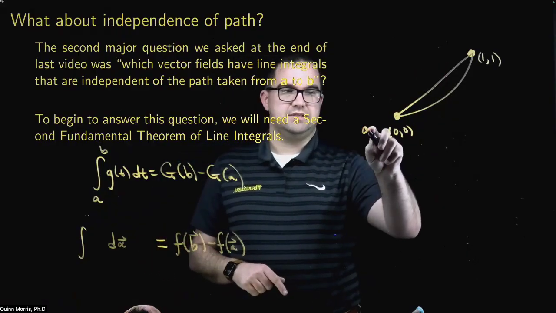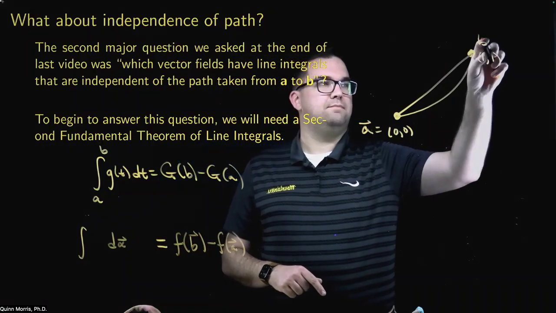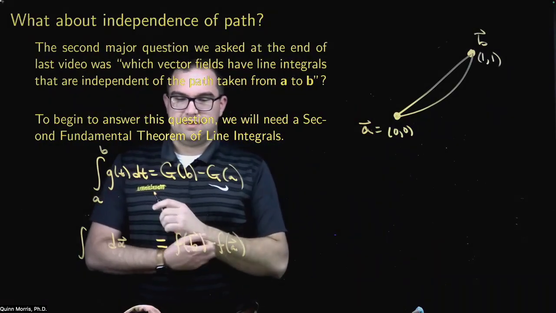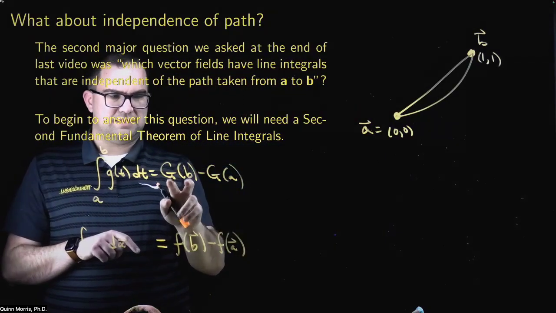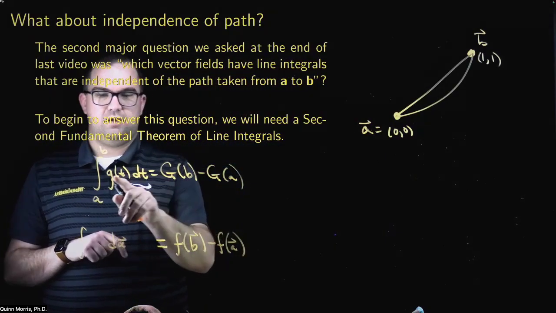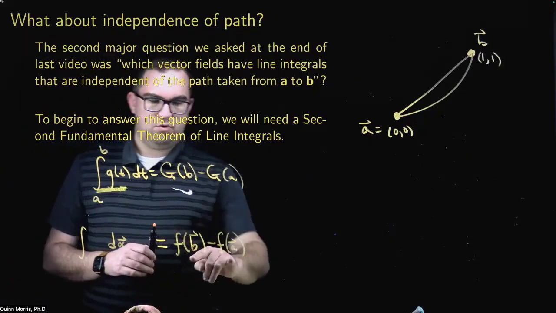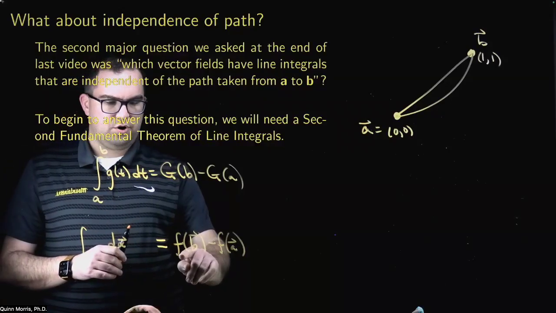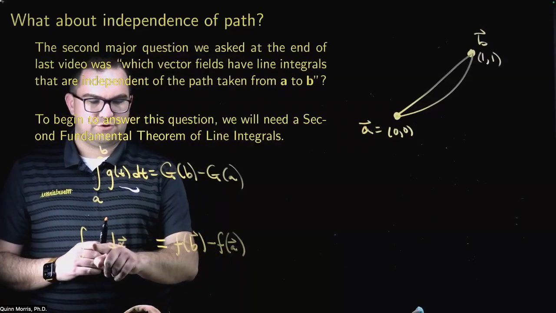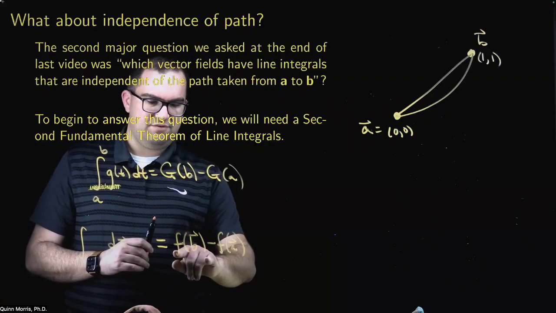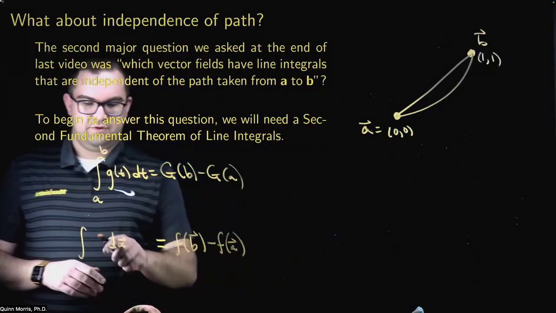Imagine this is A and this is B. And the key here is to recognize that this only worked because the derivative of capital G was little g. And so what we might want to say is, well, this will work, but only if this vector field is an appropriate derivative of this function f.